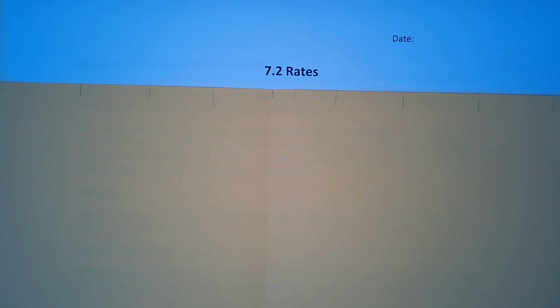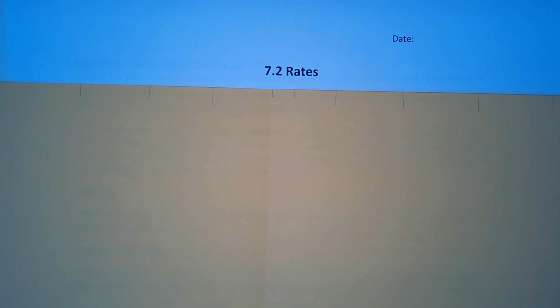So before spring break, you had finished up your unit test on fractions, and we had moved into chapter 7, which deals with ratios and rates. Ratios, if you'll remember, was comparing two quantities, which was a two-term ratio, or three quantities, which was a three-term ratio.